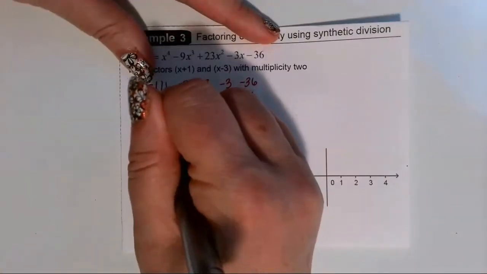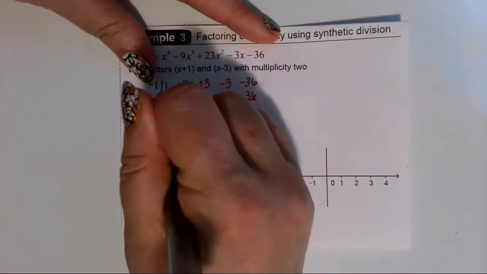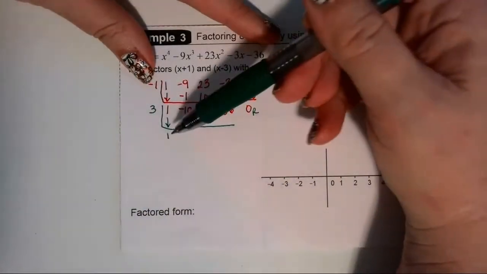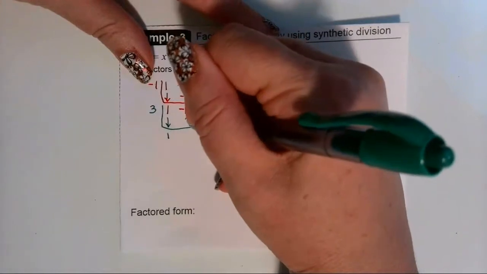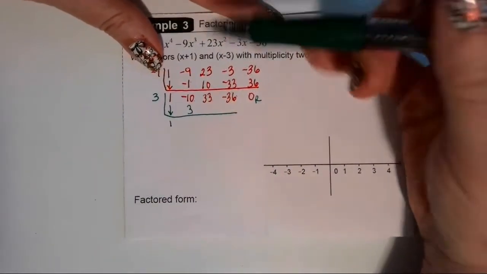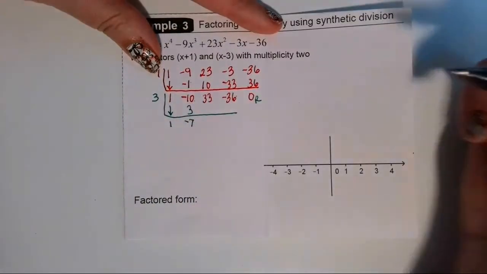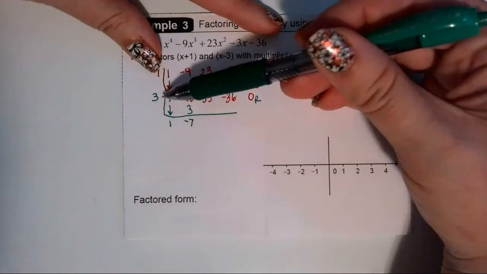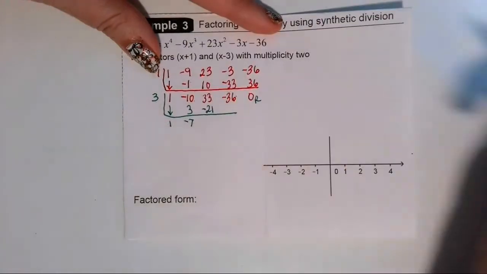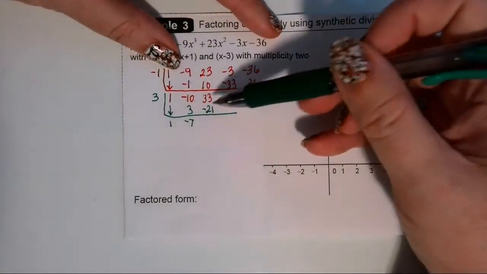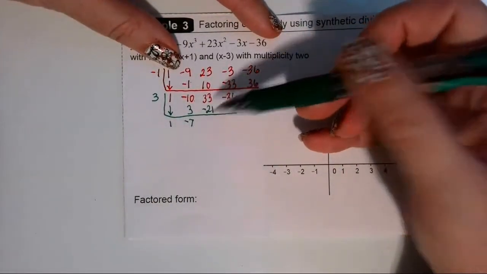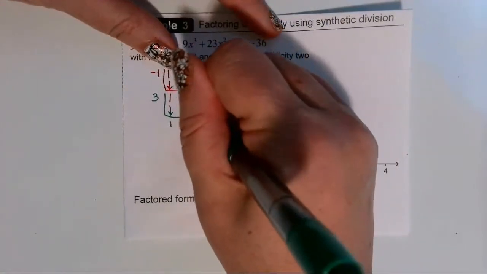So I bring down the first term, which is a 1, and then I'm going to multiply. 1 times 3 is 3, and add those together. -10 plus 3 is -7. Then I multiply. -7 times 3 is -21. And then I add those together. 33 minus 21 is 12.